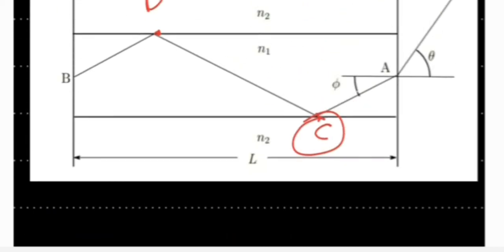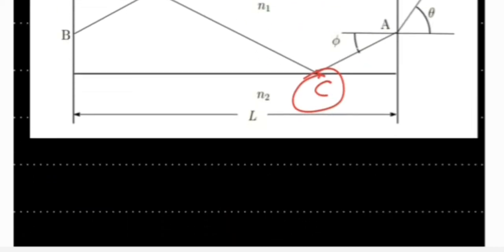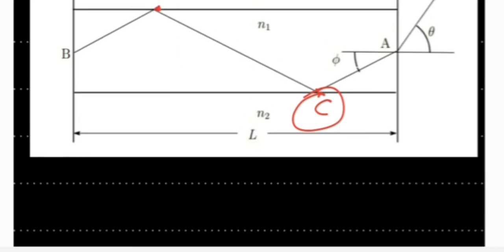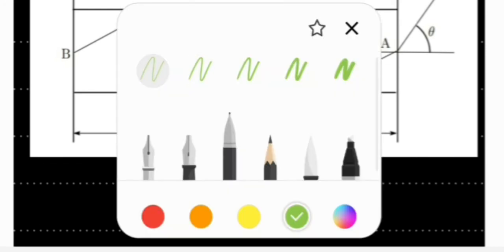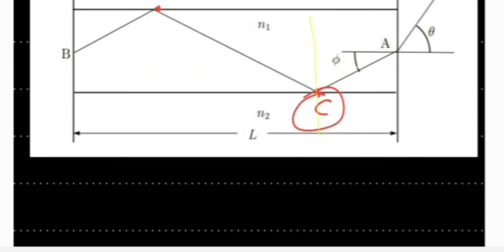So how can we find d? Well, by a bit of trigonometry, okay? So look, remember, this was also phi.